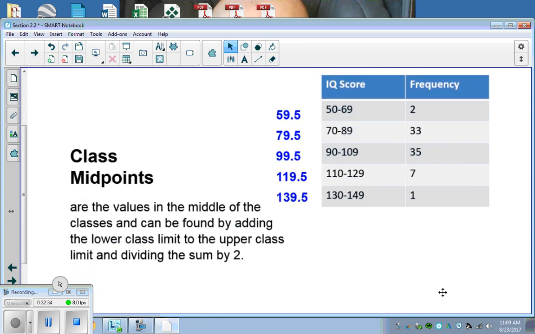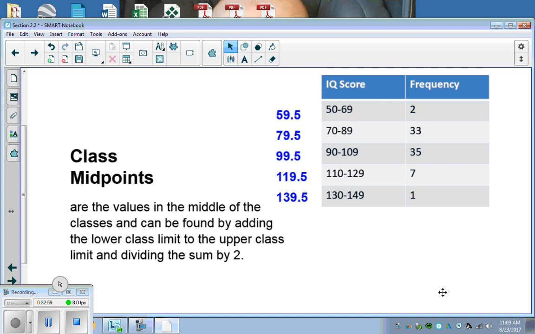Class midpoints. Well, we had already talked earlier about finding a mean. I can add 5 things up, divide by 5, and I can get a mean, which we also think of as the average. Once you get data which is no longer raw data, I have to do something different to be able to calculate all the things that I want statistically.